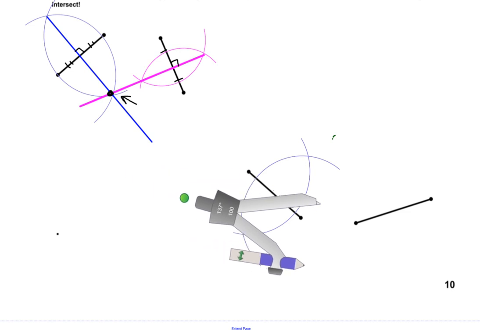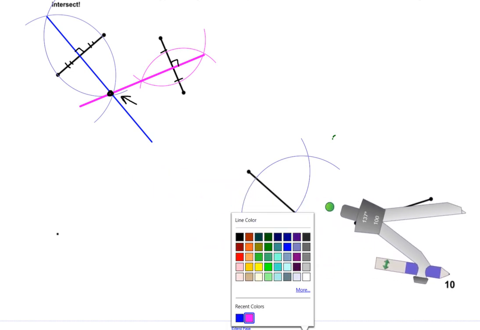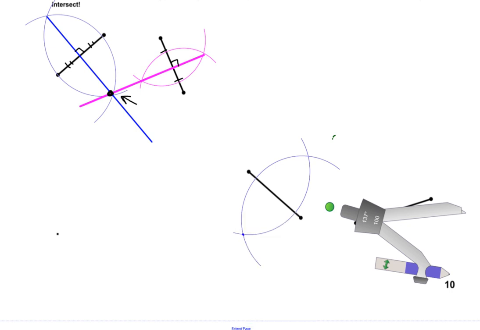All right, boom, boom. Connect, extend. Okay, my guess is it's going to actually cross somewhere above it. That's my guess, the way these are angled. Okay, we have a perpendicular bisector.